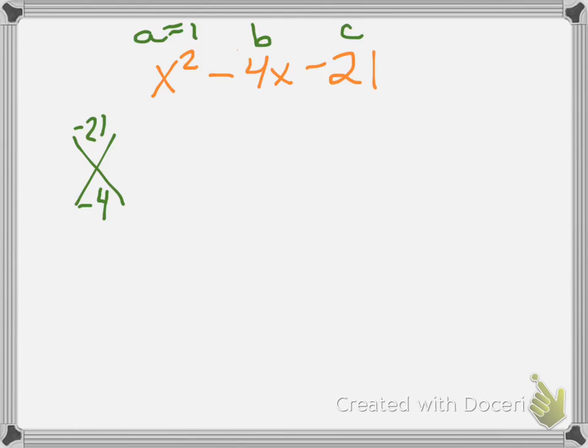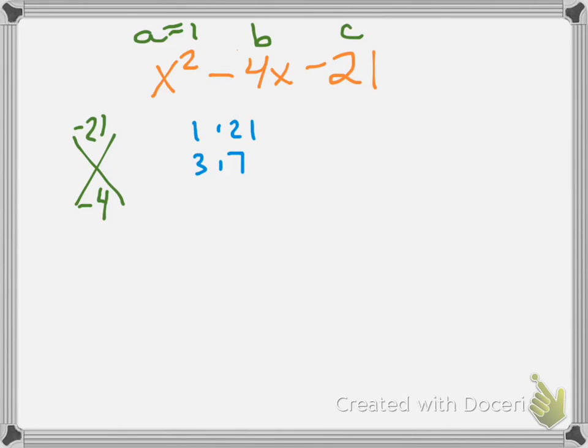Next, we have to figure out the diamond problem. So what two numbers will multiply to be negative 21 and add up to negative 4? You don't want to start with what adds up to negative 4. You want to start with what multiplies to be 21. So if I think about the factors of 21, that would be like 1 times 21, 3 times 7.